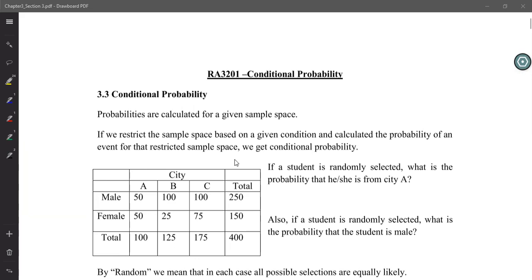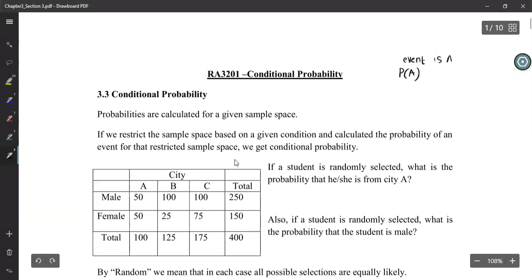So if you want to find the probability of the occurrence of a certain event, say our event is A, the probability of A is the number of observations or elements in A divided by the number of observations or elements in the sample space.